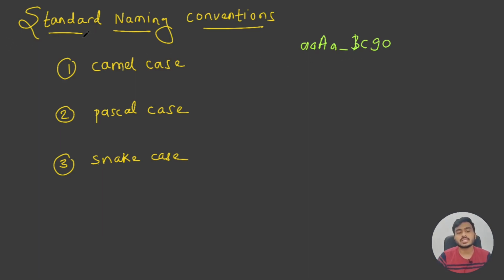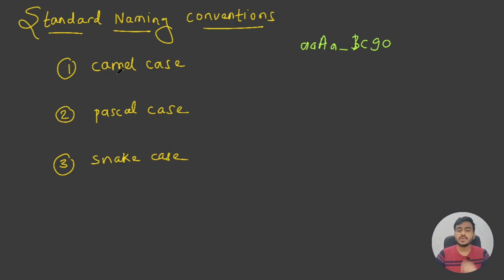Then why are we discussing this topic, the standard naming convention? Ideally, whenever you write a program, you should follow some standards which are set by older, experienced programmers and developers. So whenever you are naming your variables, you should use a standard naming convention, and there are three standard variable or function naming conventions that we programmers usually follow. I have just listed them over here.